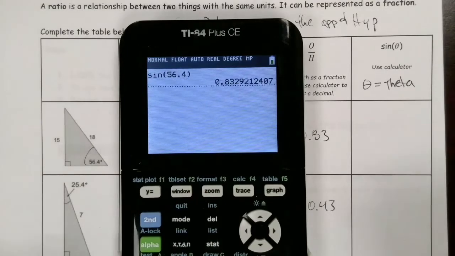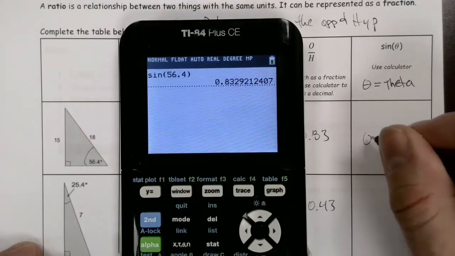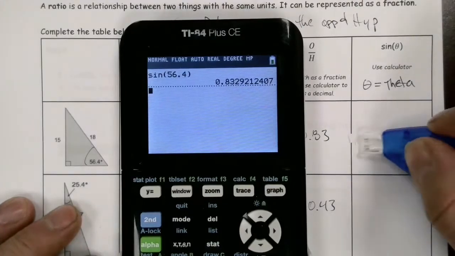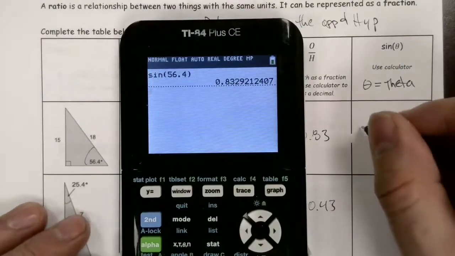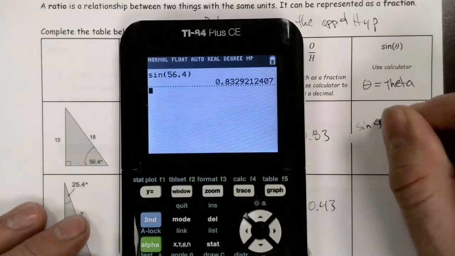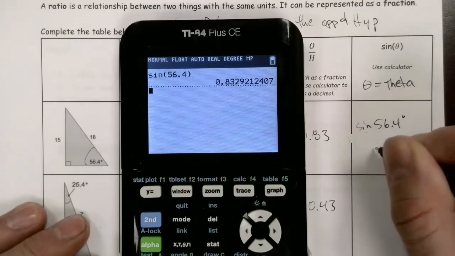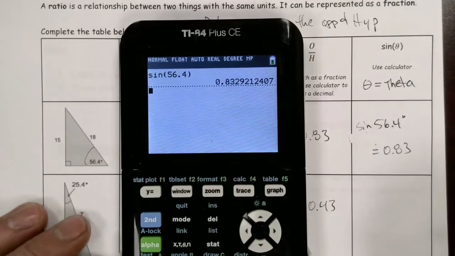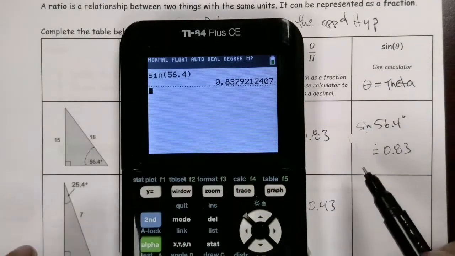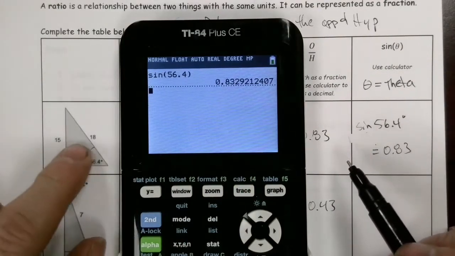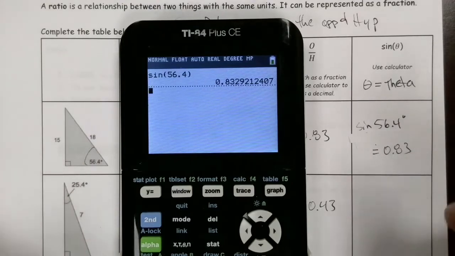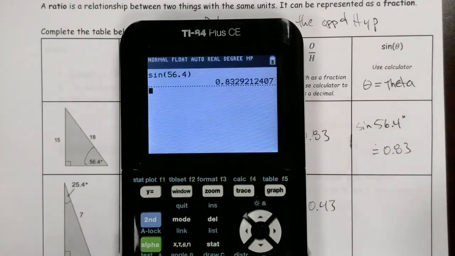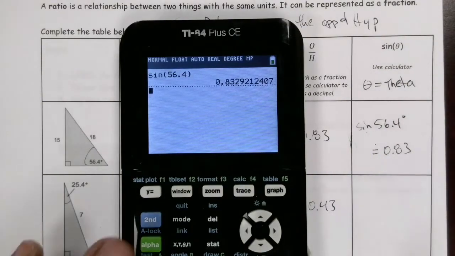When I press enter, notice that I am getting, sorry, I wanted to put theta there, but the sine of 56.4 degrees is approximately 0.83. Now, it's not exactly the same as the ratio I get here. It's because when we're dealing with these trig ratios, there is a little bit of rounding that typically gets done here, but it's the same thing here.